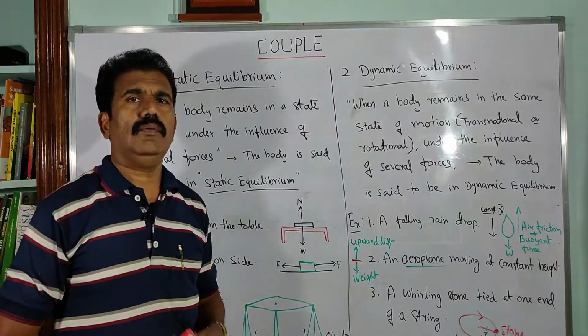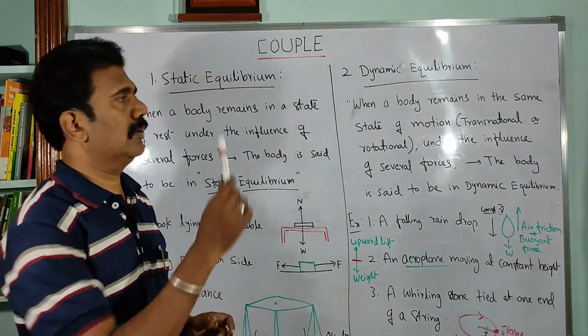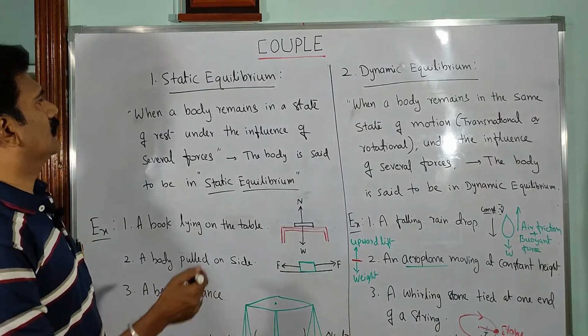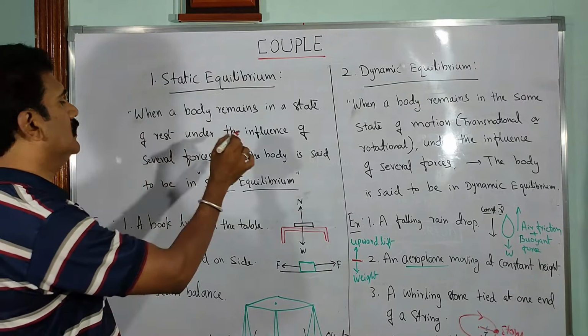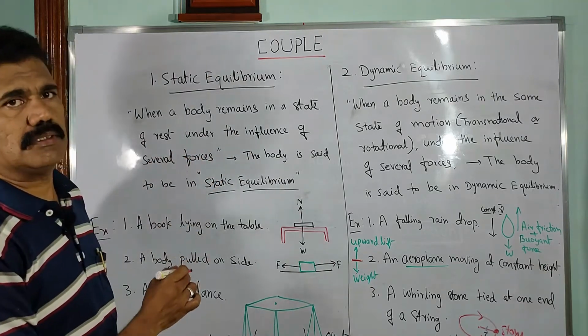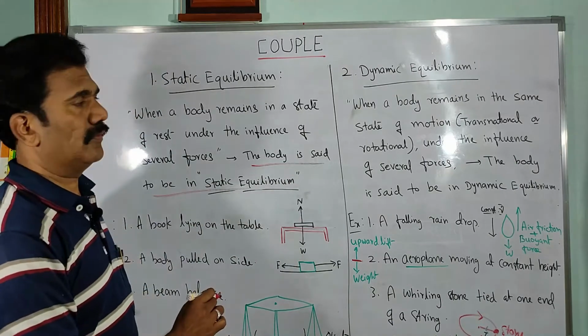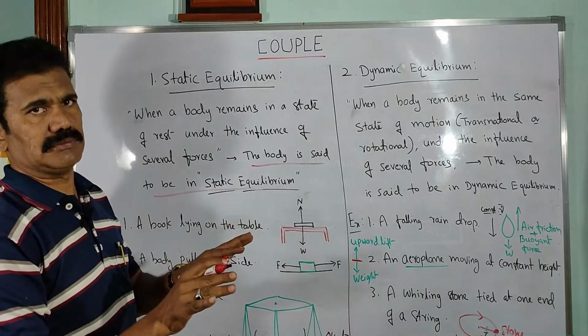Now let us see the difference between static equilibrium and dynamic equilibrium. See, in case of static equilibrium, when a body remains in a state of rest under the influence of several forces, then only the body is said to be in static equilibrium. That means the body should maintain its rest position.